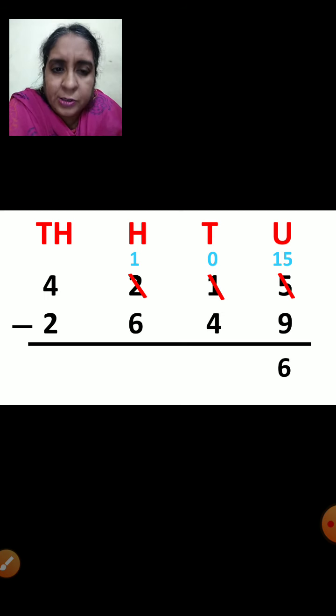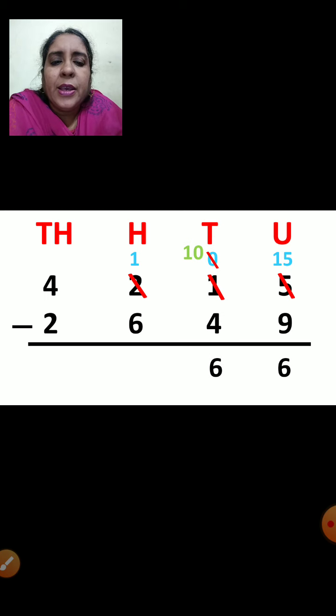Now you will cut 0. And what will come in the tens place now? 10. Because you borrowed 1 from the hundreds place. Now in the tens place you got 10. 10 tens, right? So now it is easy. Now you can subtract 10 minus 4. Yes, you will get 6.